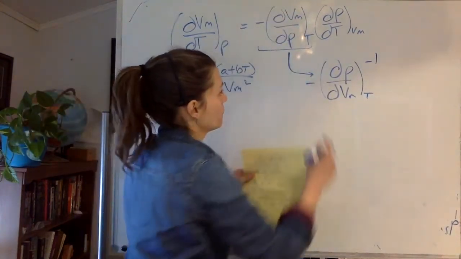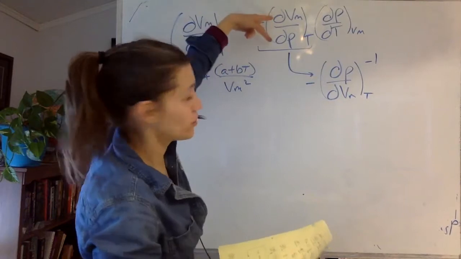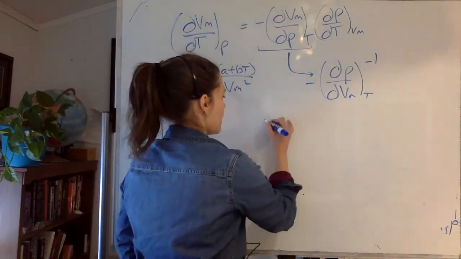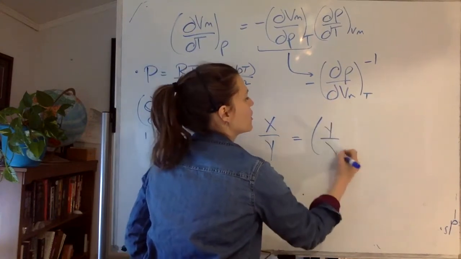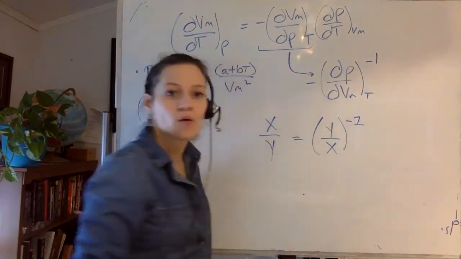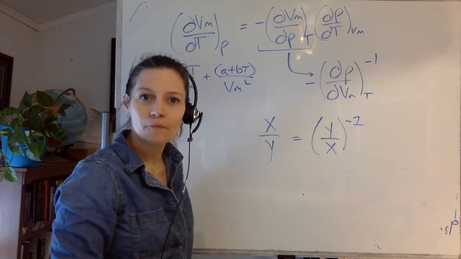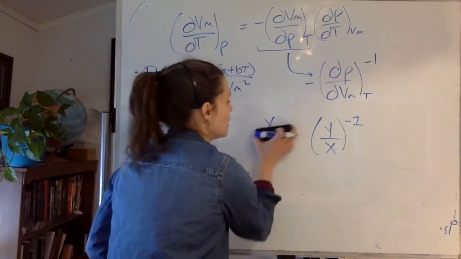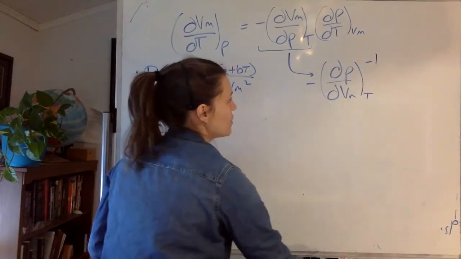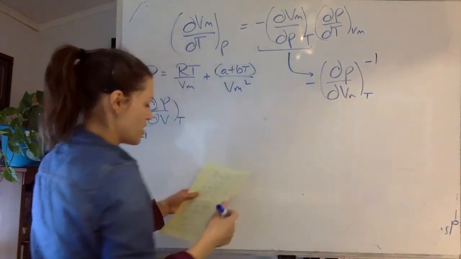Actually, it would be a negative. So I'm inverting it. So I'm basically saying that x over y is equal to y over x to the -1 power. Cool?